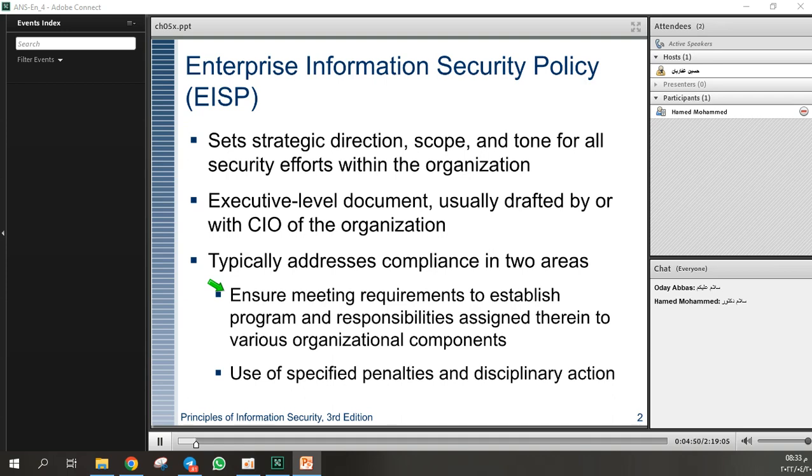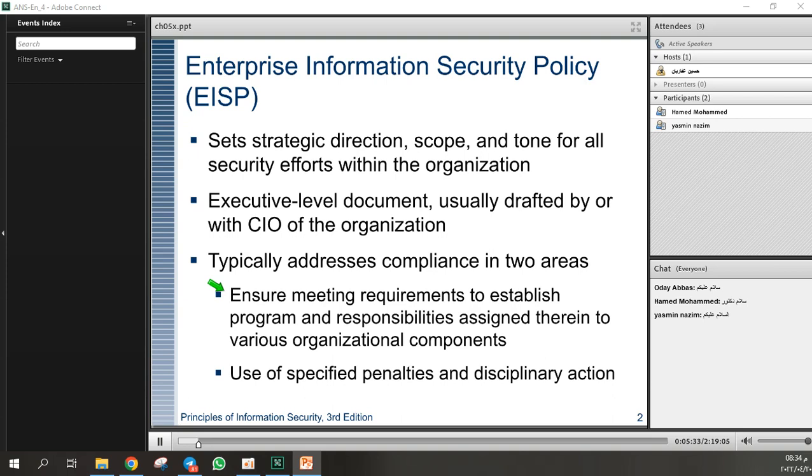Otherwise, I will fail. My plan will fail. I must check the requirements. Do I have those requirements in my organization? I must establish necessary programs and other related materials. I must ensure about meeting those components, meeting requirements, and having necessary programs to do this.